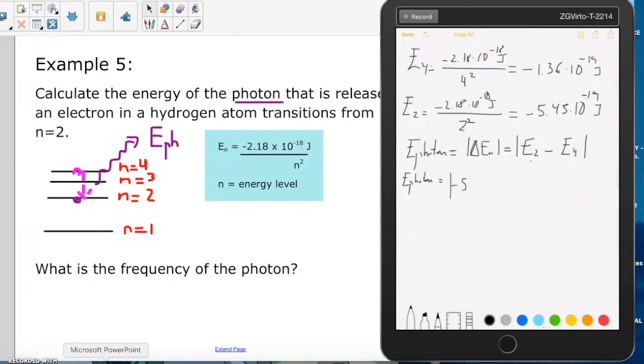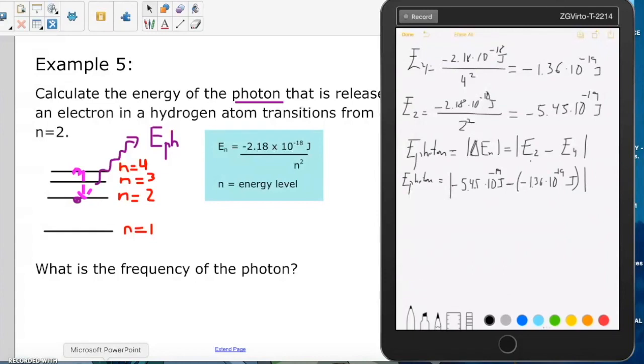So E2 equals minus 5.45 times 10 to the minus 19th joules minus minus 1.36 times 10 to the minus 19th joules. Okay, so it's the subtraction of a negative number.